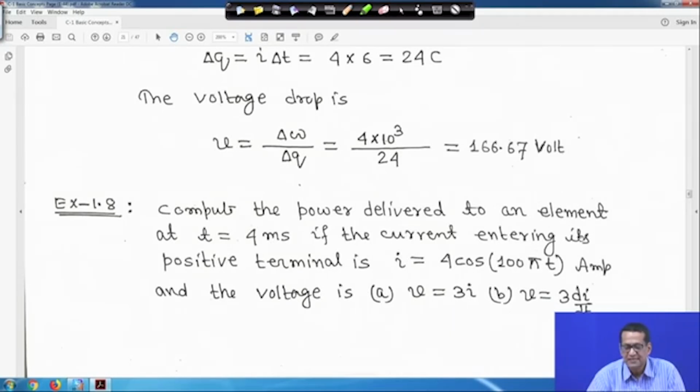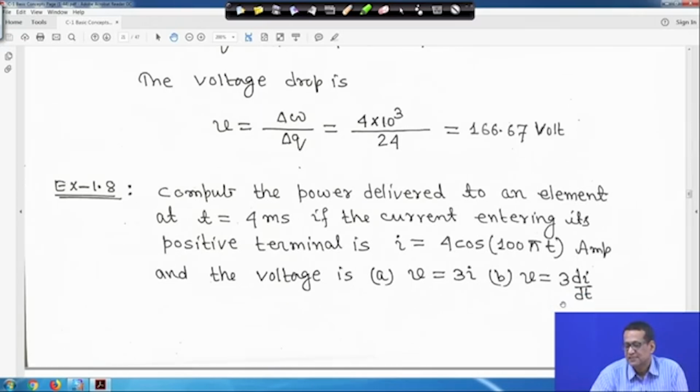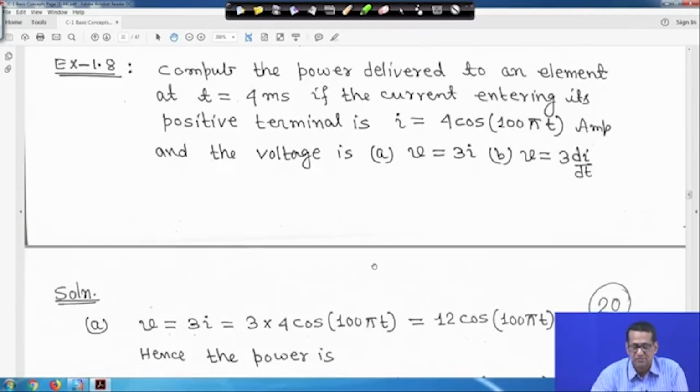Now, 1.8: compute the power delivered to an element at t is equal to 4 millisecond, if the current entering its positive terminal is I is equal to 4 cos 100 pi t ampere, and the voltage is given as V is equal to 3 I in one expression, and in another V is equal to 3 dI by dt. So, the solution is simple.